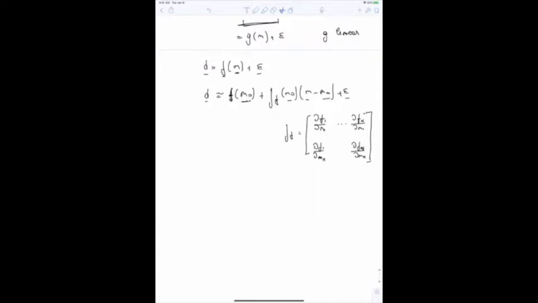Well, sorry, I switched it. Per row we put the components of the function, and then in the columns we put the variables.